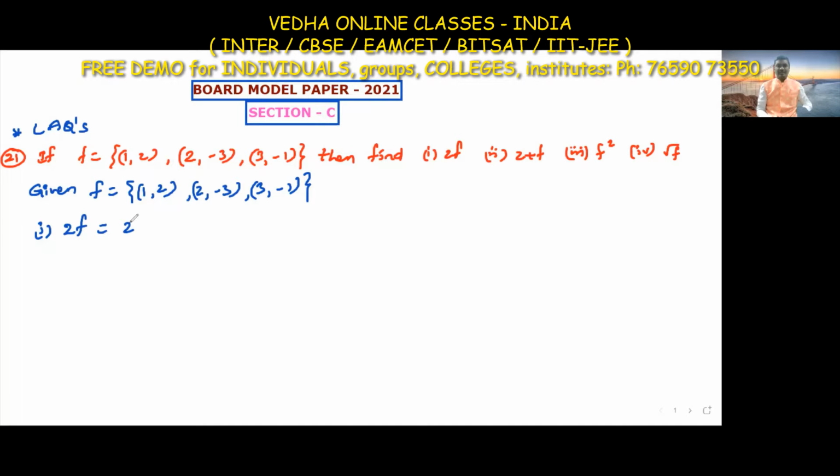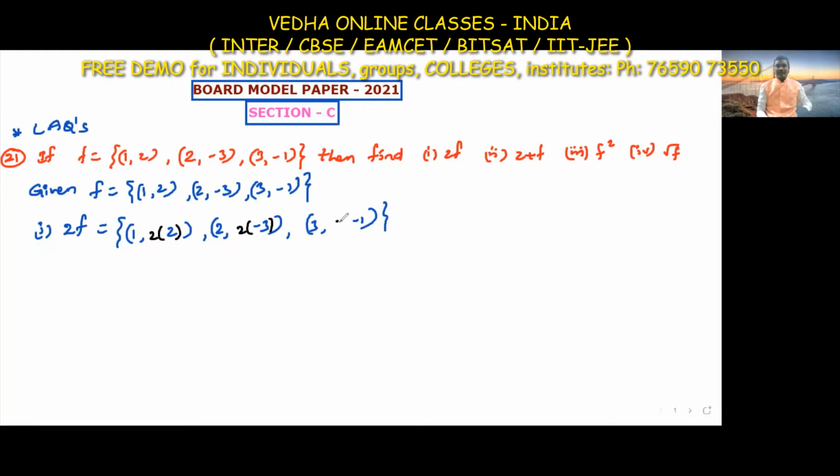So here we have (1, 2), (2, -3) and (3, -1), written as it is. Now whatever the operation, for 2f multiply by 2 on the second number.